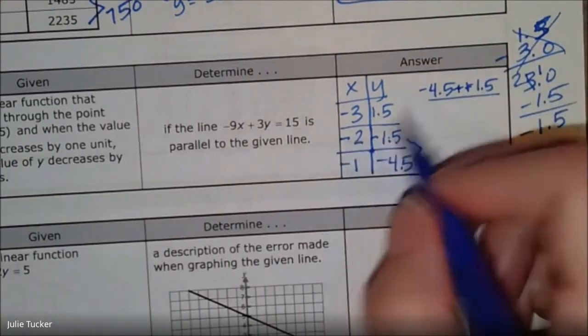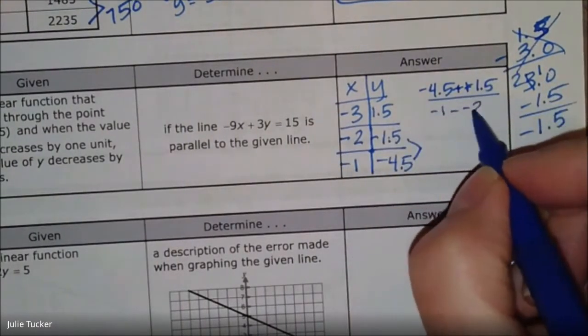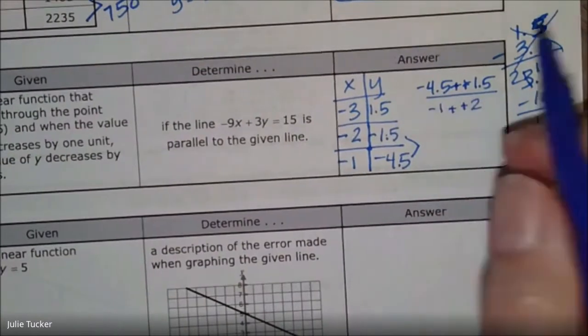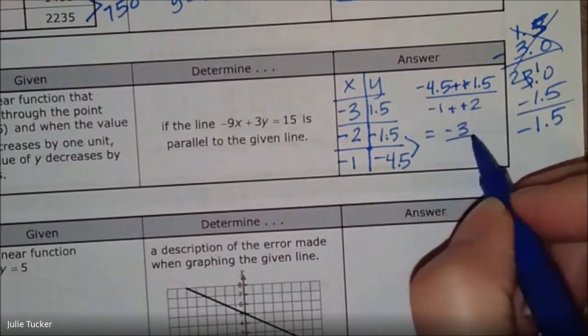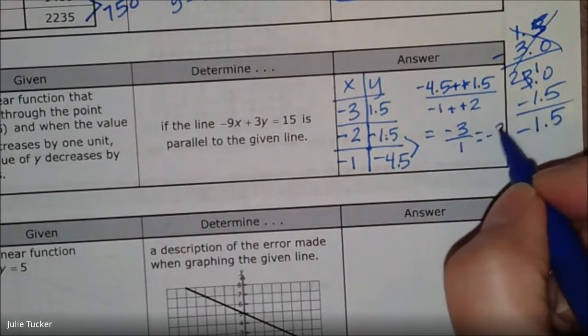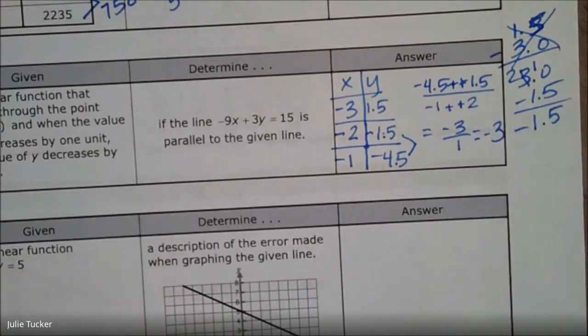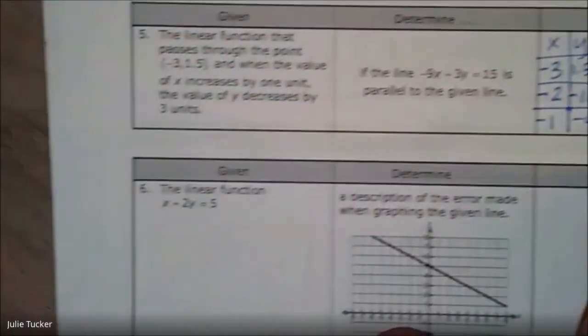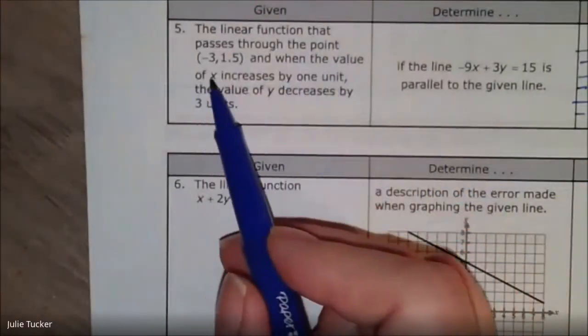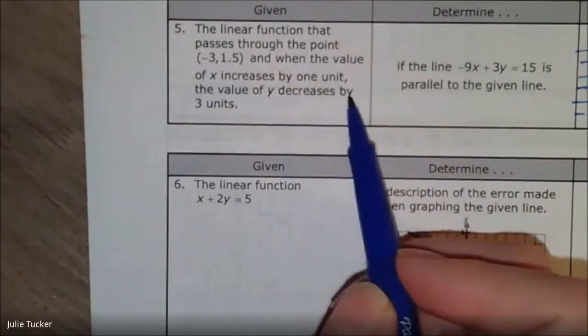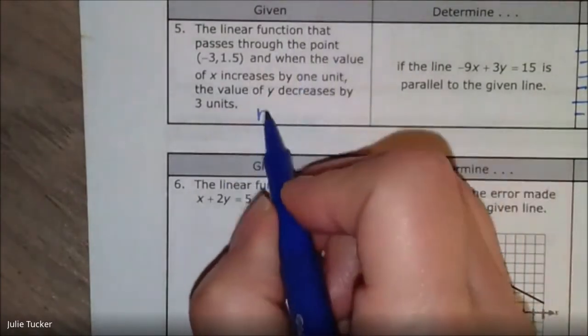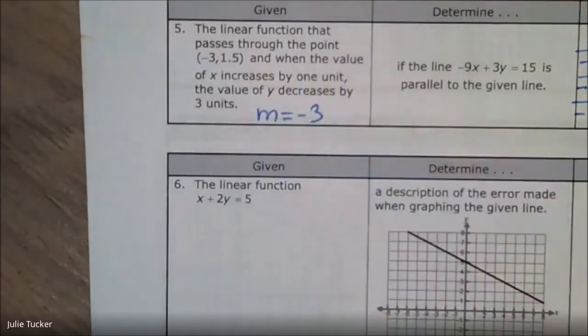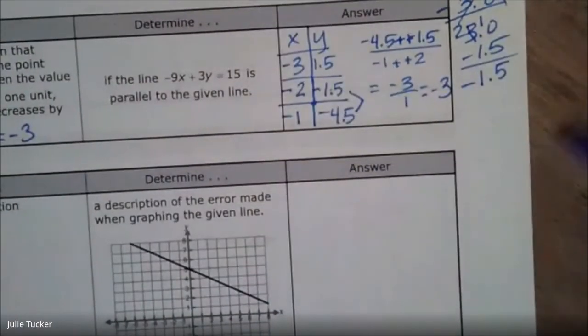And then over here, we have negative 1 minus negative 2, which is plus plus. So that equals negative 3 over 1, which is negative 3 for the slope. That makes sense. When you think about what the words mean, it says if x increases by 1, y decreases by 3. So that really means that the slope is negative 3, right? Okay, so our slope is negative 3.